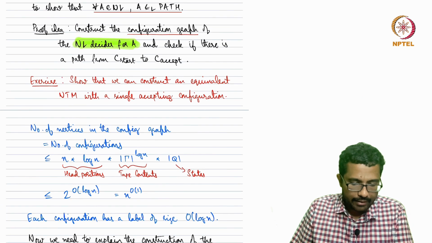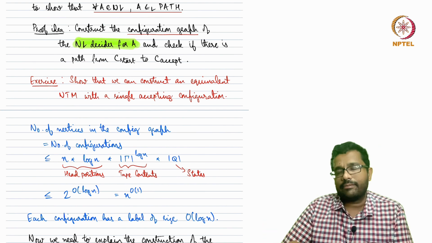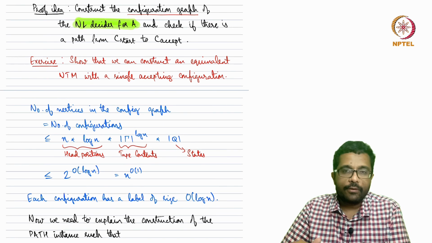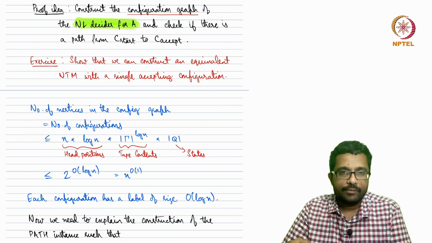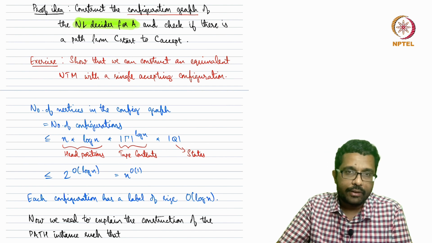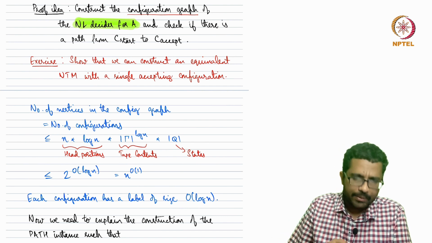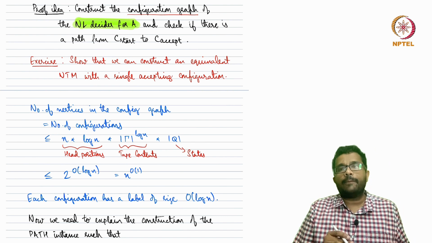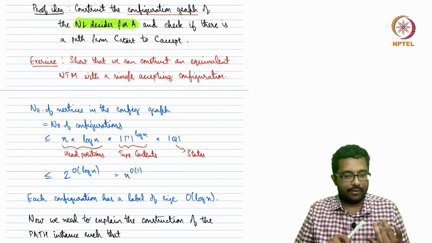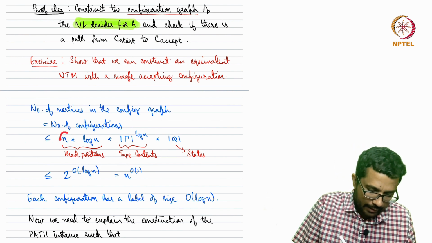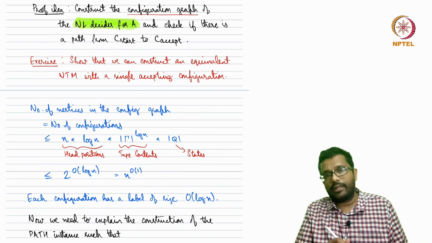So first of all, let's see the space, right? What is the number of configurations in the configuration graph? Each vertex is a configuration. We discussed something similar in the previous lecture, but I will go over it again. The configuration comprises the head positions of the two tapes, the input tape and the work tape. The input tape has length n, so the head could be in any of the n locations.